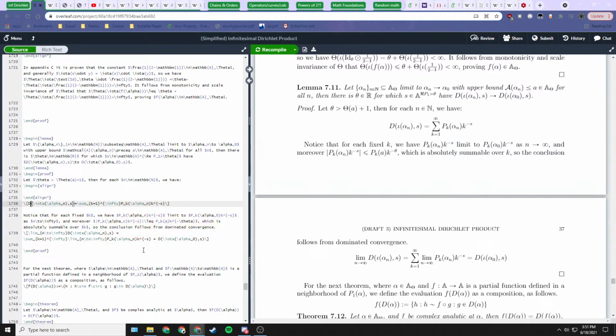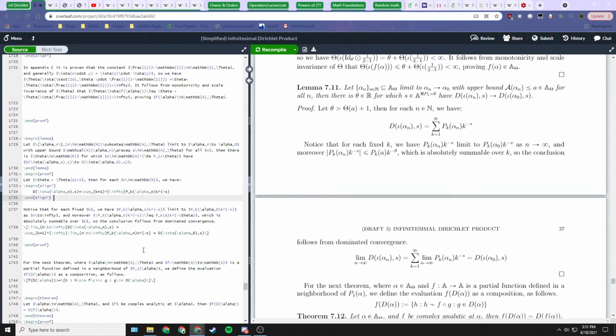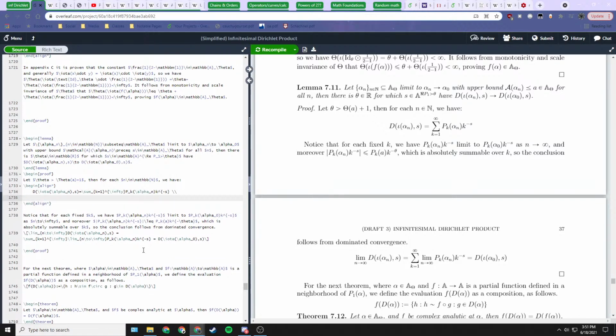Let's do a line, and then we can say a of p sub k alpha sub n k power minus s. Actually, this shouldn't be, no, this is fine. Okay, so we get p sub k alpha n k power minus s.